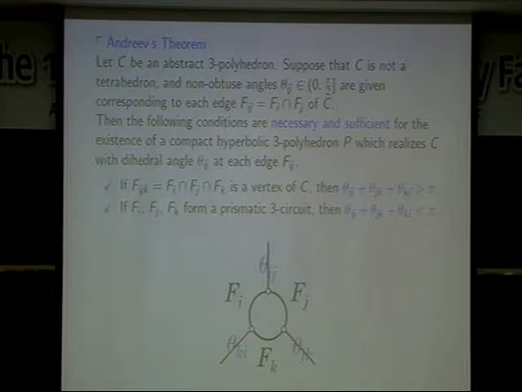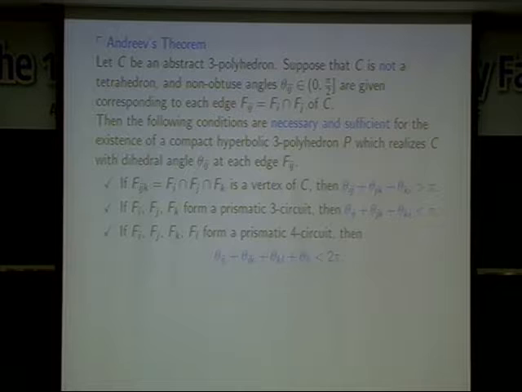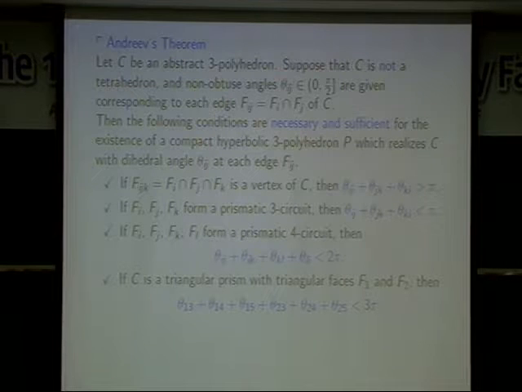Next, for a prismatic 4-circuit, the angle sum is less than 2 pi. And finally, for a triangular prism with triangular faces F1 and F2, the angle sum is less than 3 pi.